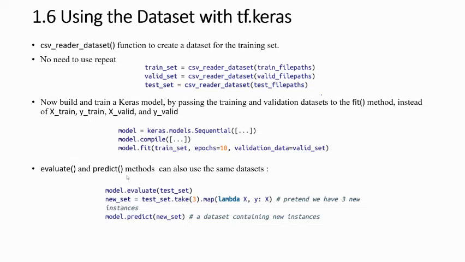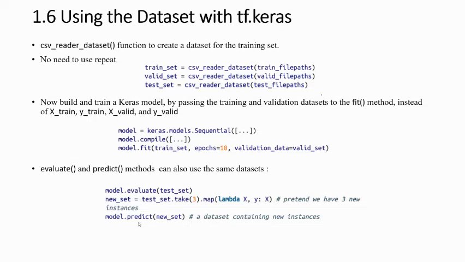Here we have used the evaluate method on the test set, and in order to predict, we have used a lambda function. Pretending we have three new instances, we create a new set using the map method, take only the first three values using the take method, and pass the new set to the predict method. So the model will predict the values.